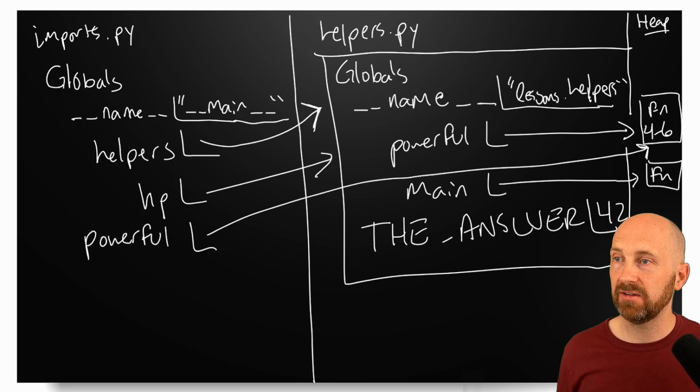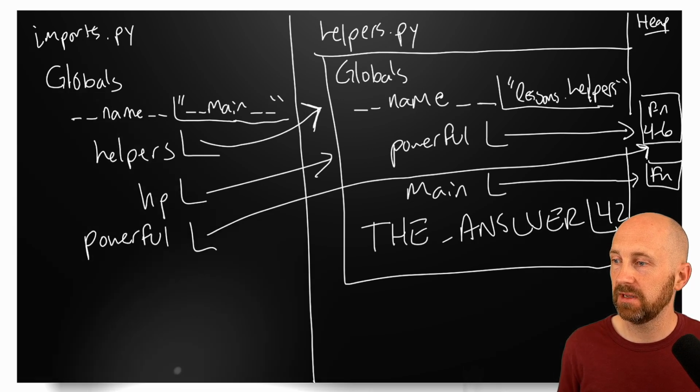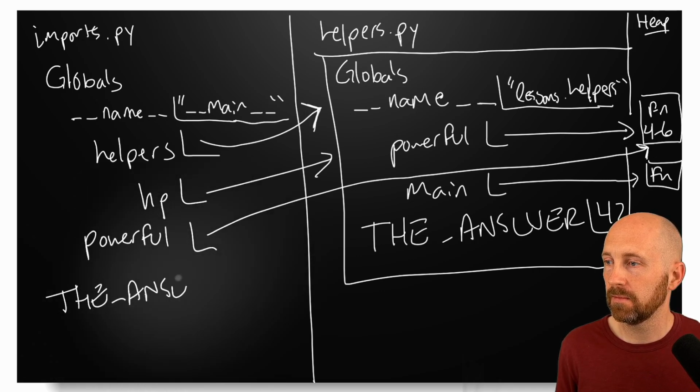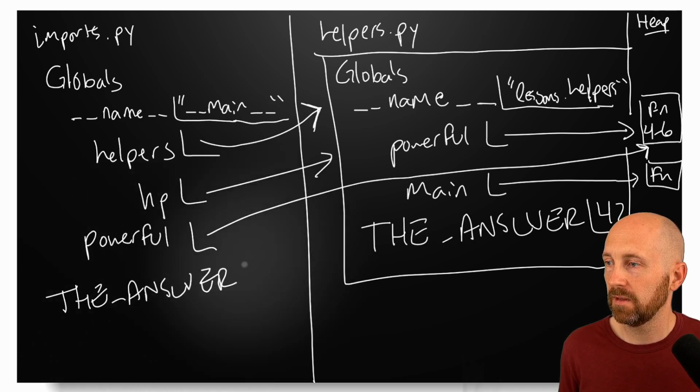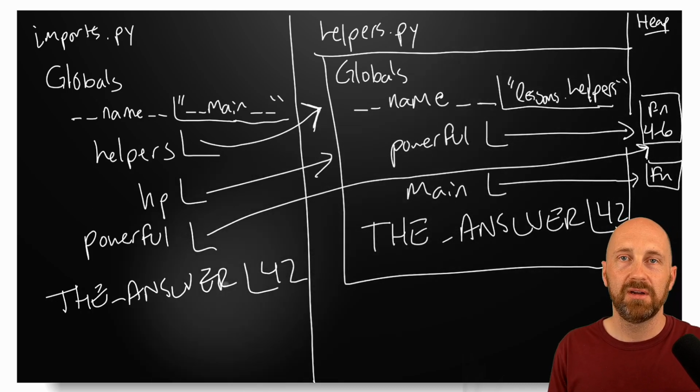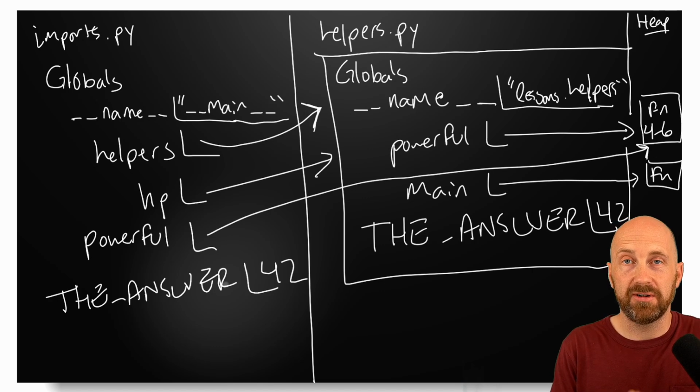So that would have had the effect of saying, okay, the answer in the globals frame here is 42, right? So we imported that value, and because that was an integer, we just copied it over. Now, for the purposes of our course, we're not going to be diagramming multi-file diagrams in memory. So you don't need to concern yourself with being able to reproduce a diagram like this.